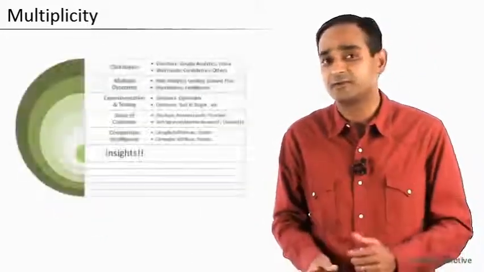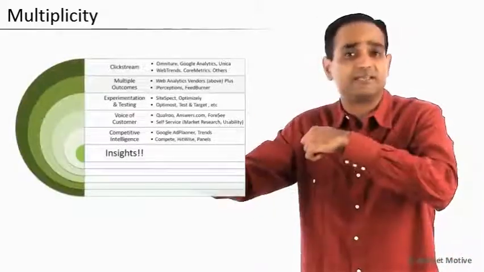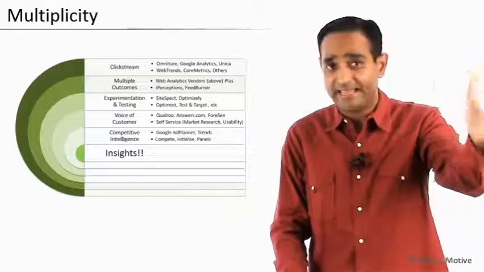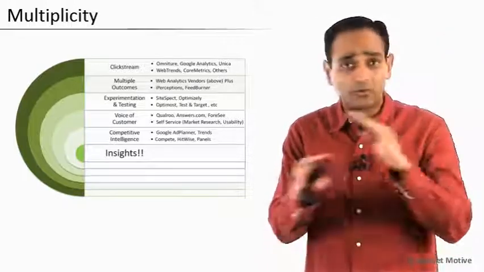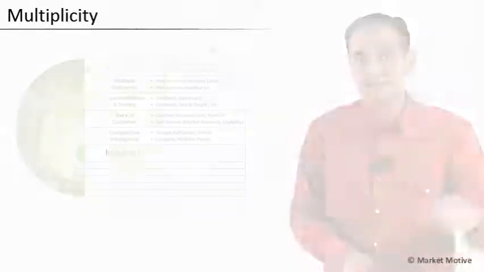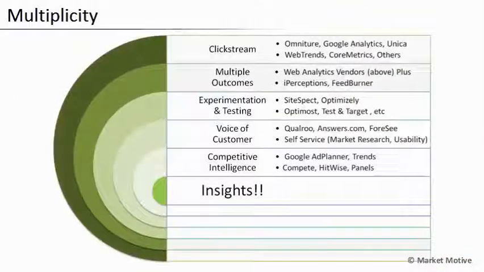And the very, very cool thing is when you go out and execute your multiplicity strategy, you have tools available, paid and free, all kinds, in order to do much more insightful analysis. You can use Google Analytics or Adobe or WebTrends to do clickstream and outcomes analysis. You can use tools like the Website Optimizer, Visual Website Optimizer, Optimizely, and others to do experimentation and testing.